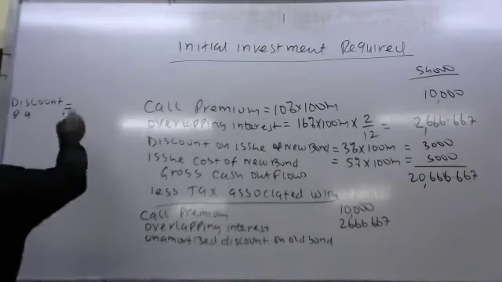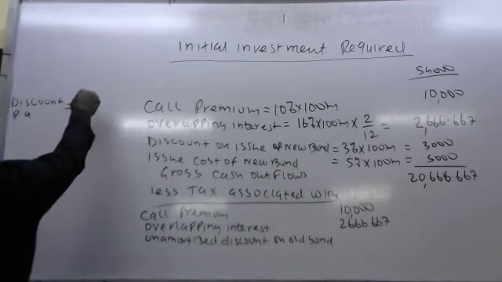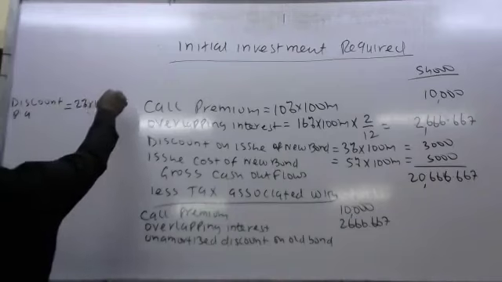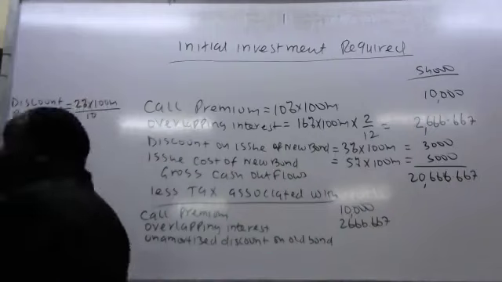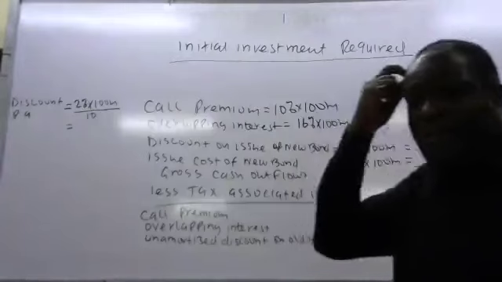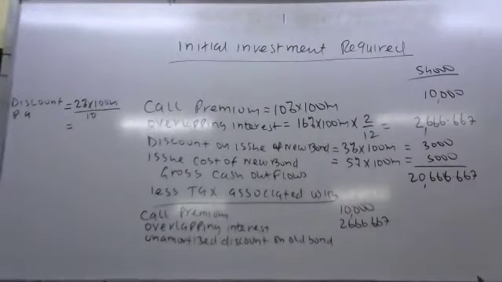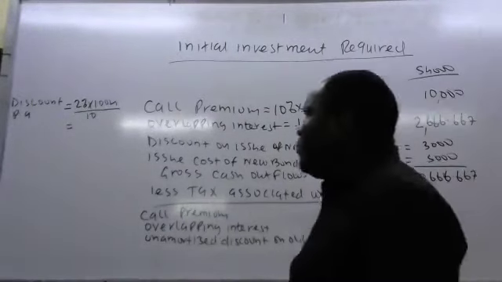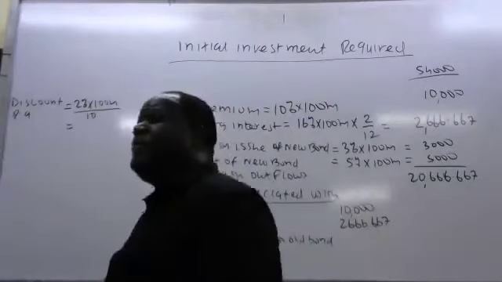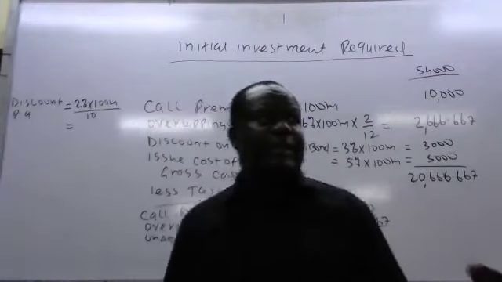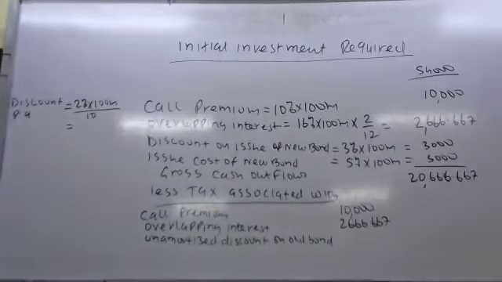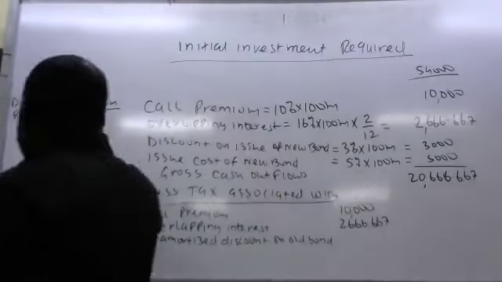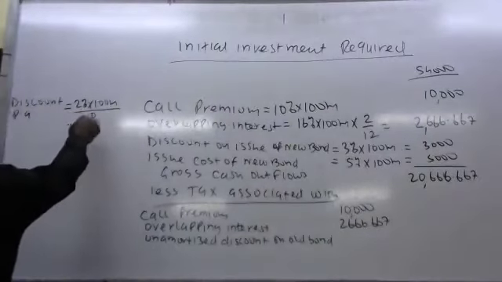So we get 2% of the 100 million, but divide by 10 years, because the old bond was supposed to be there for 10 years. So get 2% of 100 million, divide by 10 years to see how much was being written off every year. It is 200,000.